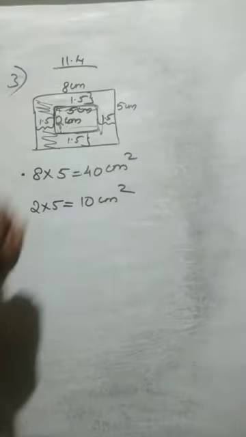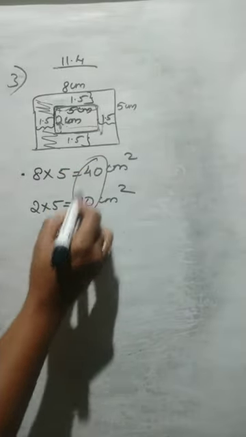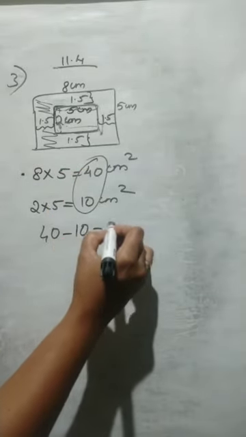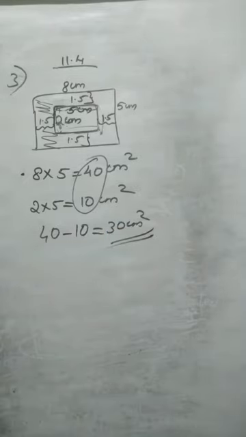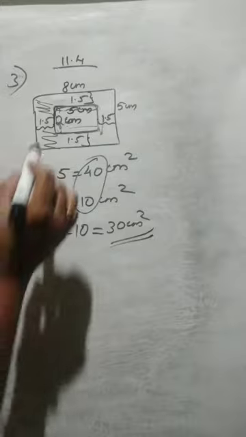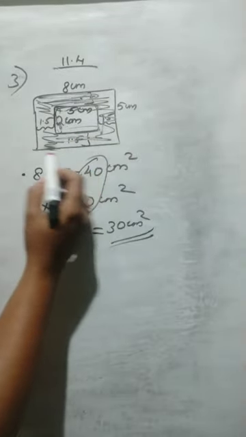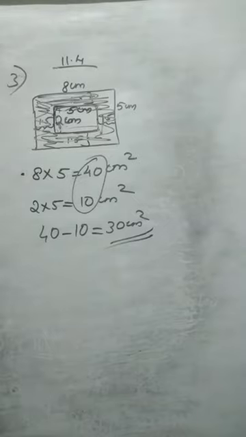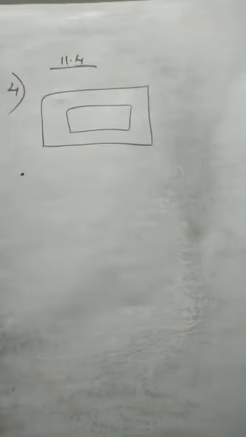Then we find the difference between these two areas. That is 30 centimeter square. So 30 centimeter square is the area of the margin. Clear? All questions are the same way.